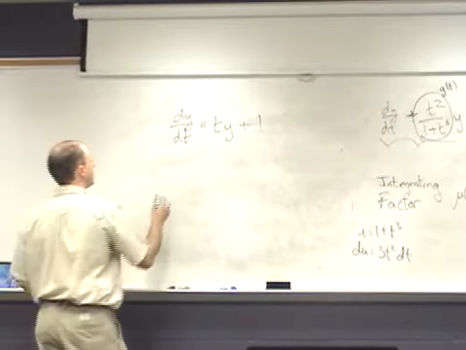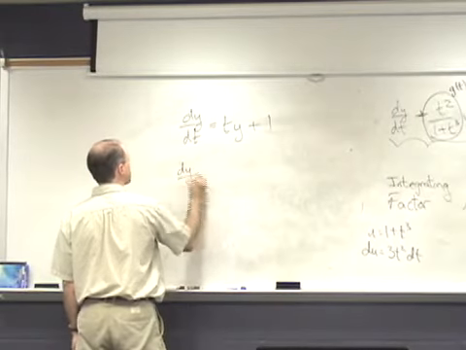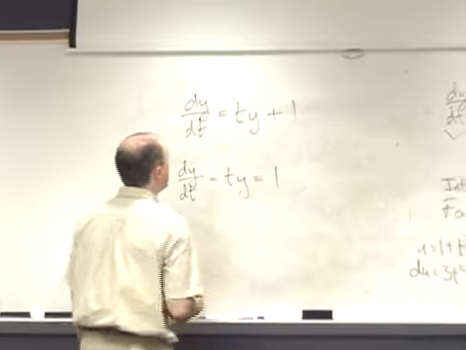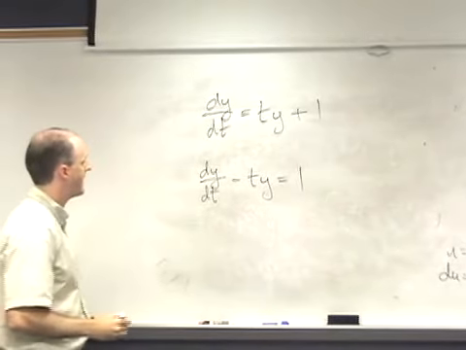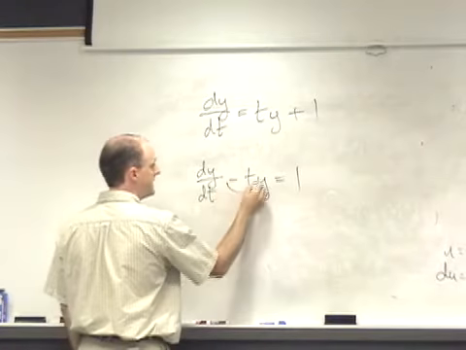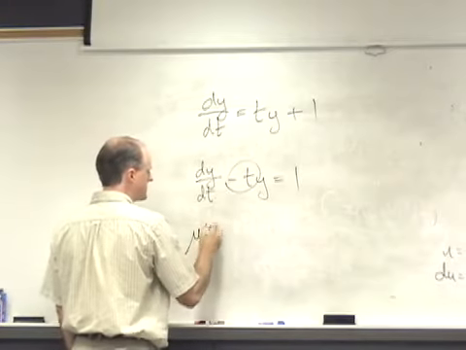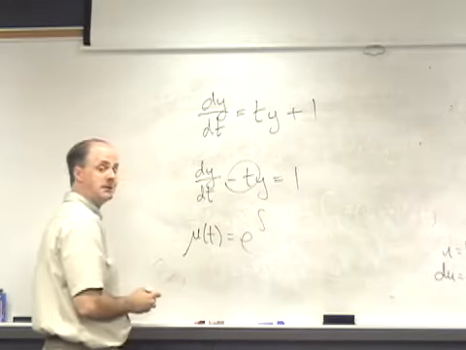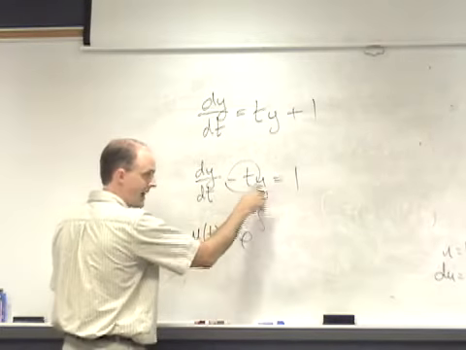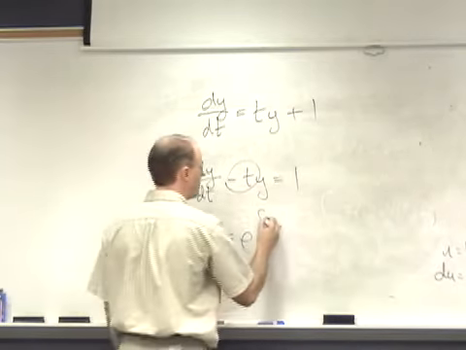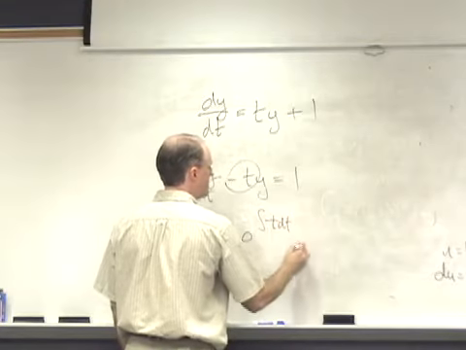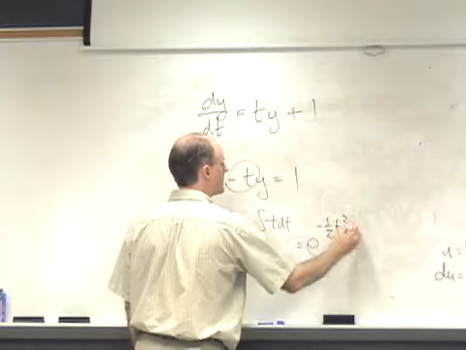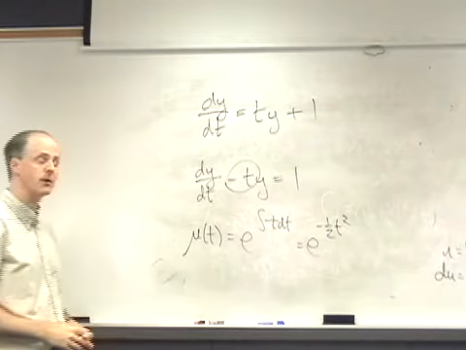If I follow that method, first get the left-hand side in differential operator form. And then the method said that mu of t, the integrating factor, is going to be e raised to an antiderivative of the factor in front of the y. In this case, that'll be e to the negative 1/2 t squared as a possible integrating factor.